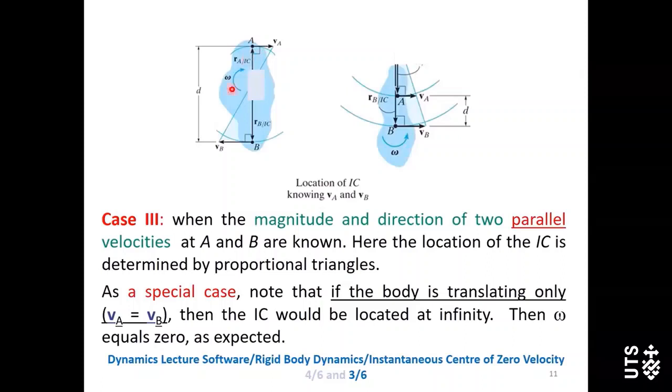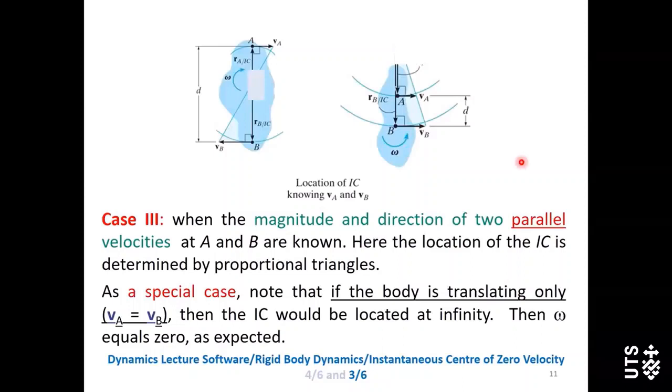So for example, in this situation here, we know point A and point B. At these 2 points, the velocities are parallel to each other, but they have opposite directions. In another situation, we have point A and point B. They are parallel to each other, and they have the same direction.